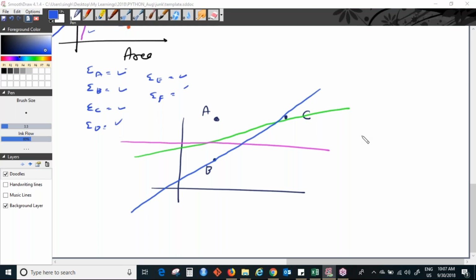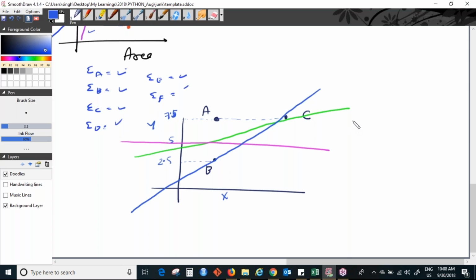Okay, let's see which line is making what error. Let me give coordinates to the points. Let's say this is 10, this is 5, this is 2.5, this is 7.5. This is your y and this is your x.